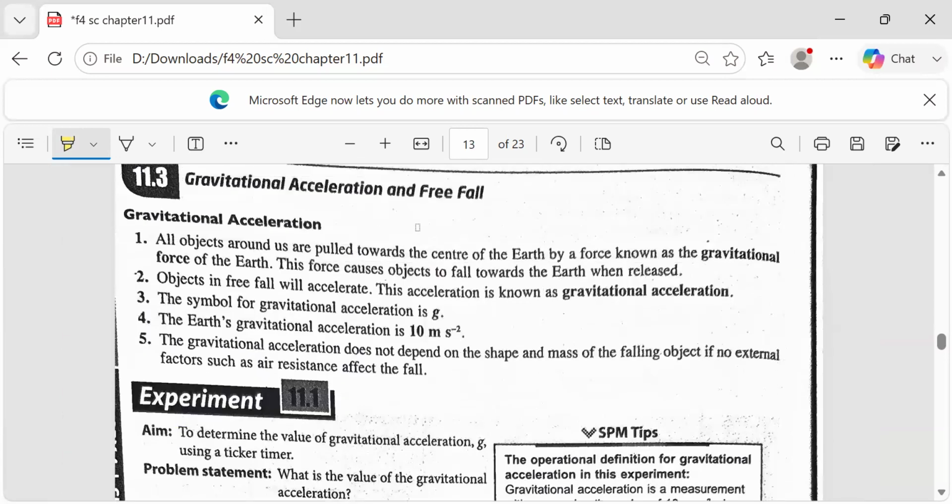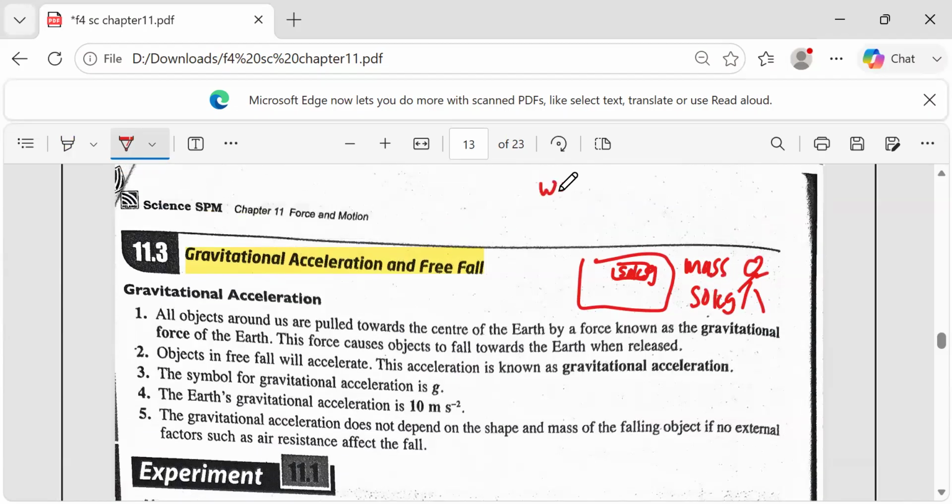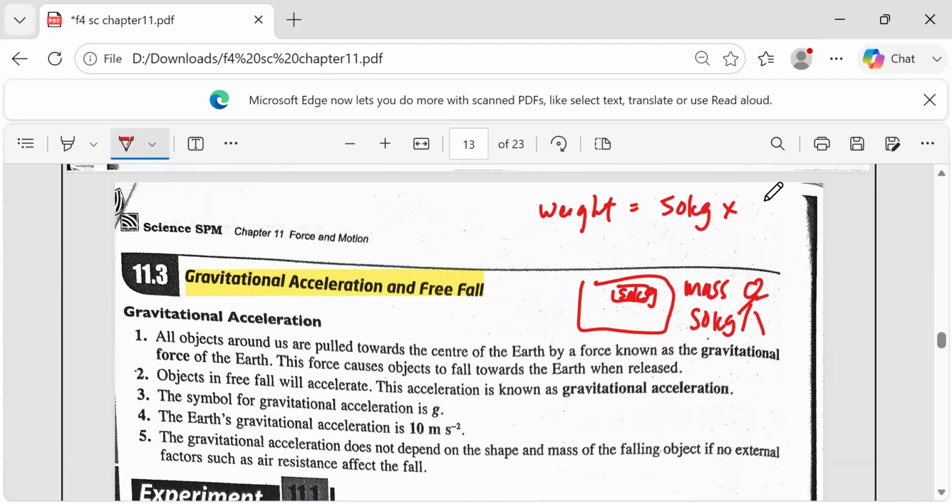Okay. Last part. Gravitational acceleration. If you stand on a weighing scale, let's say the weighing scale says 50 kg, actually your mass is 50 kg, but your weight is not 50 kg. Weight is 50 kg multiply Earth's gravity. Earth's gravity is 10, it's always 10.